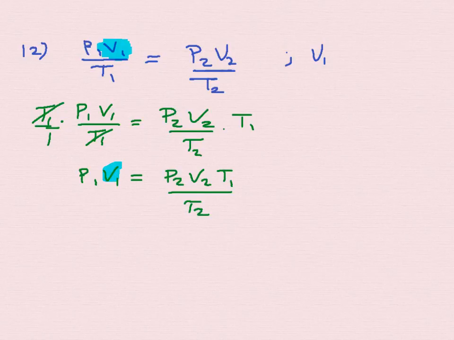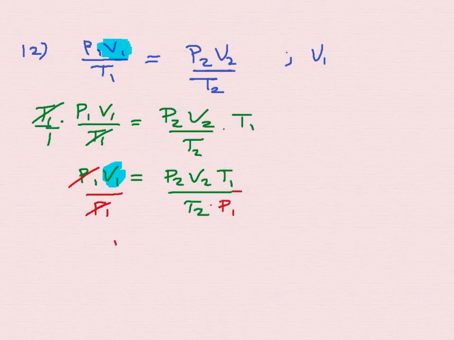Therefore, you need to get rid of the P1. To get rid of the P1, you've got to divide by P1 to make the P1 cancel. You've also got to divide the right-hand side by P1. It's going to have to go on the bottom to be a division.